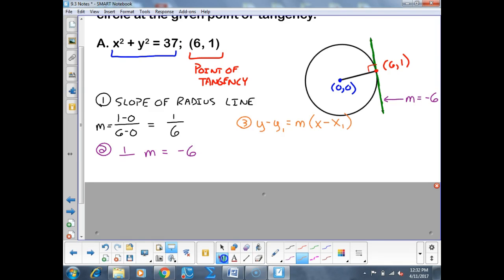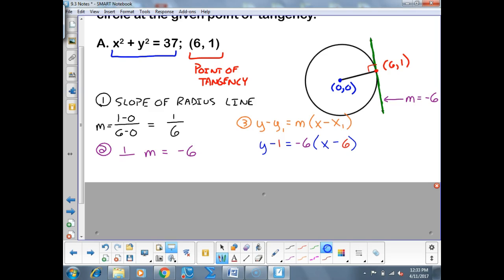So this would become y minus 1 equals -6 times x minus 6, right?